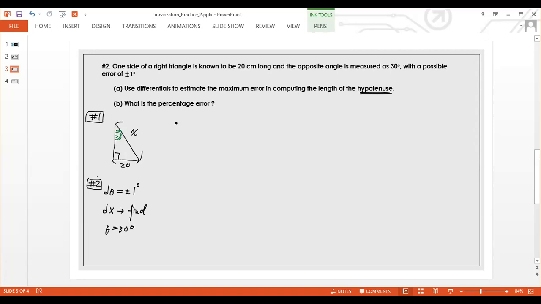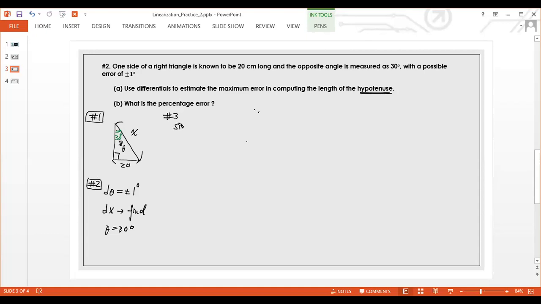Now let's take a look at step number 3. This one is a little more complicated than the previous ones. The similar thing we need to be careful about is degrees to radians. The first thing is to put theta and x together. So this is my angle theta, and I know x and 20.